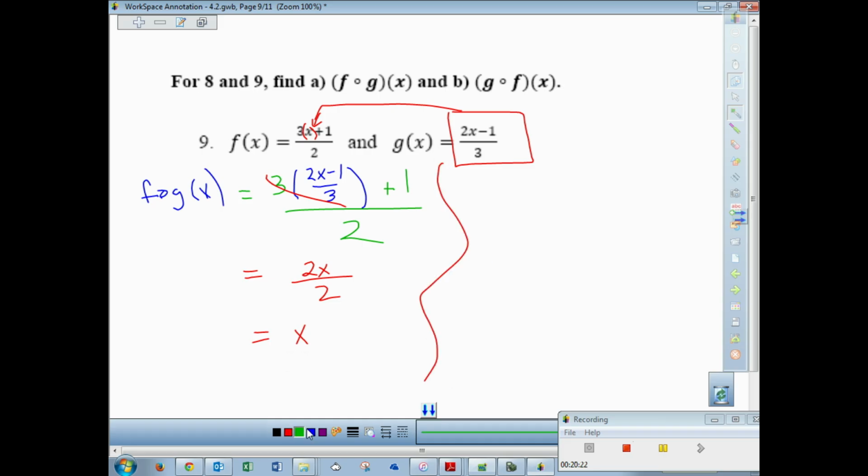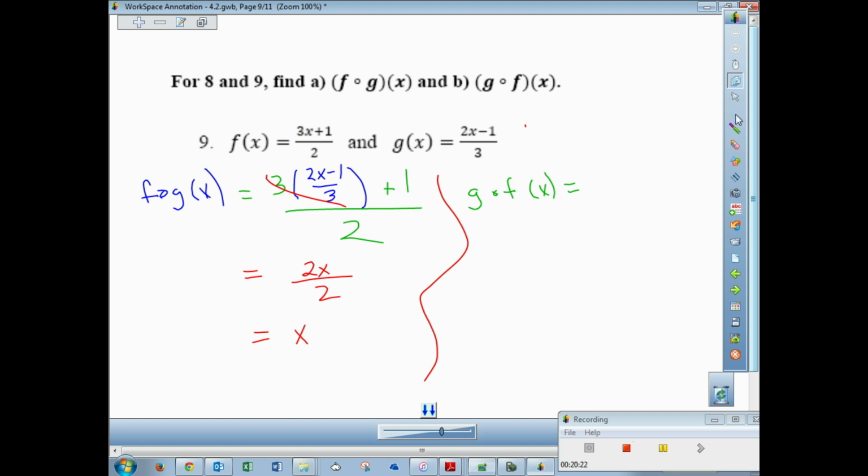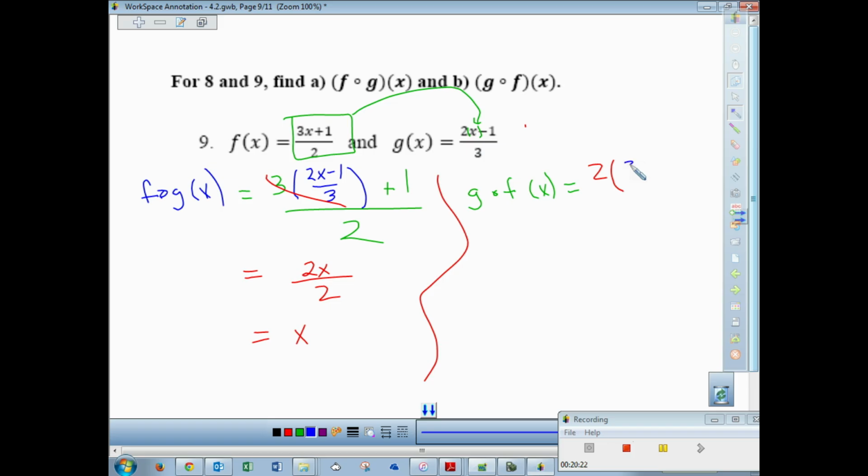Do that again. Let's see if we get x back again. I need to go the other way around. I need to put this dog in for x here. 2 times 3x plus 1 all over 2 minus 1 all over 3 again.